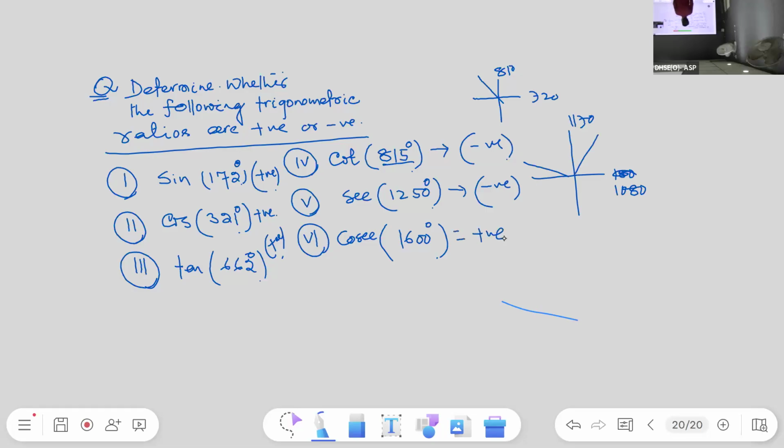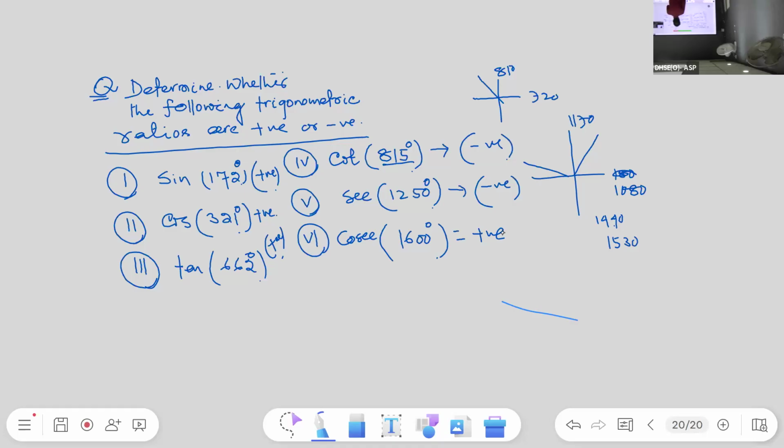It is positive. Sorry, this is 1440. 1530.